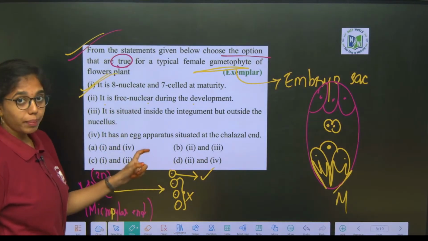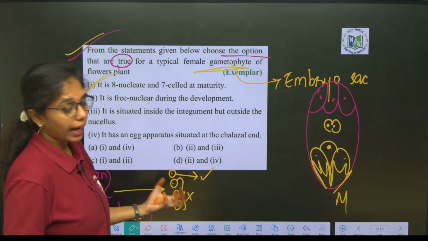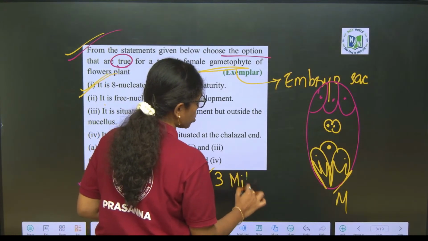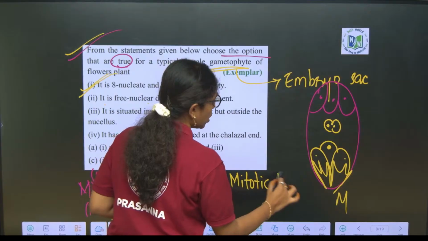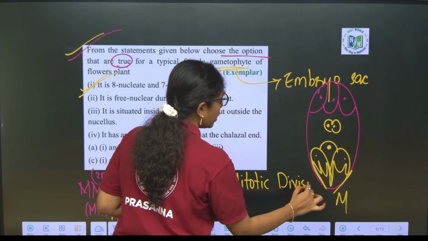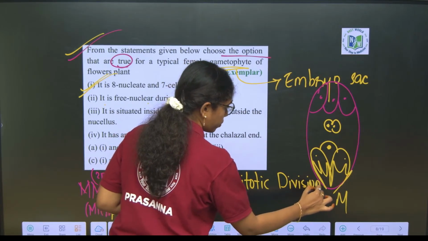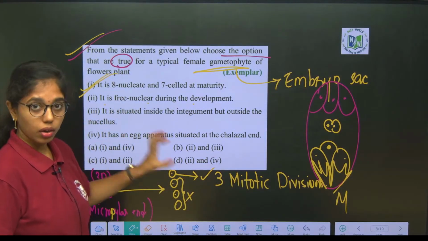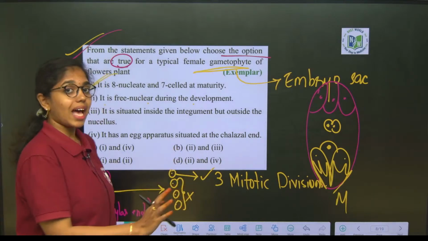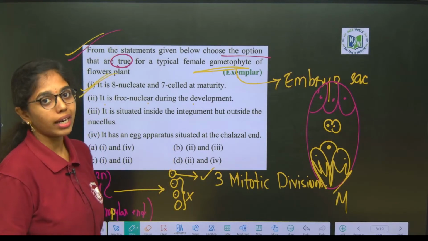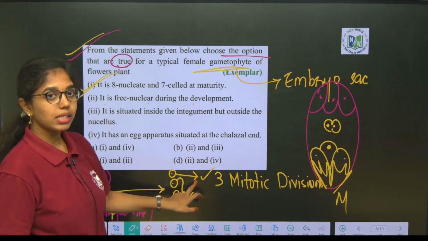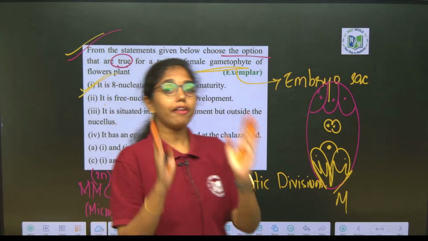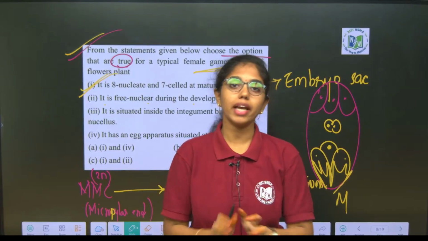This functional megaspore will undergo 3 sequential mitotic divisions. Karyokinesis happens but cytokinesis will not happen. Cytokinesis happens after the complete formation of 8 nuclei.